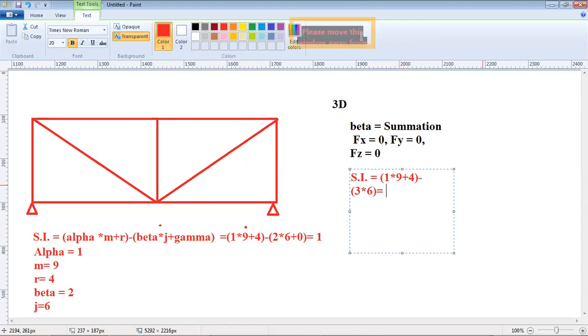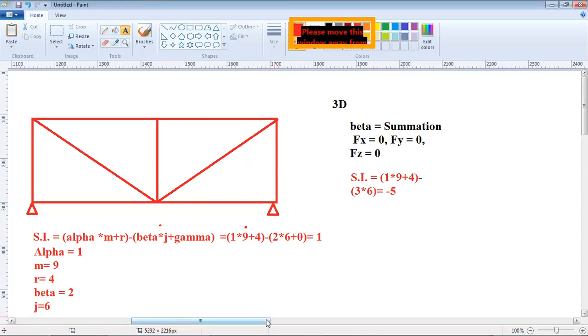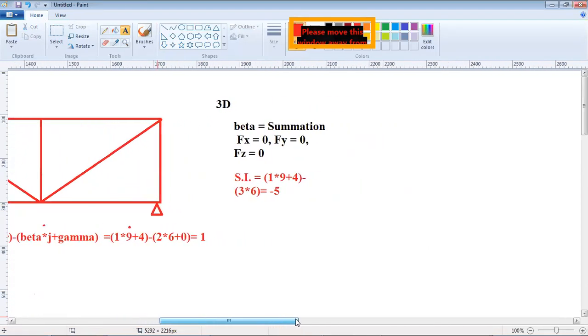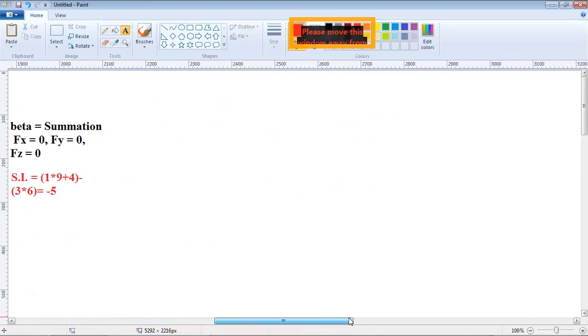So in total you have 9 plus 4 is 13, 13 minus 18, so it's minus 5. So now this is an unstable truss. If it's a 3D one, it becomes unstable. So this is the second example in the trusses that I am giving you.